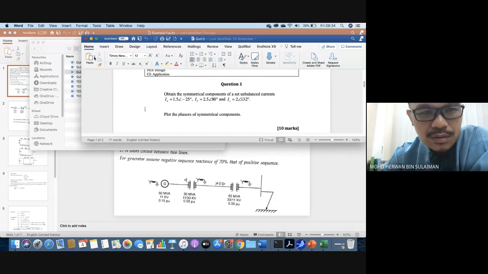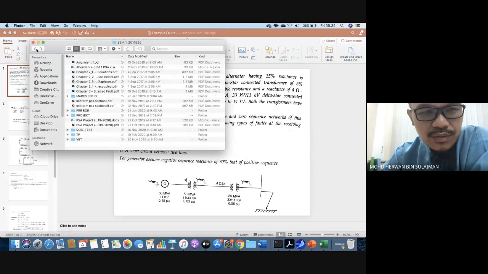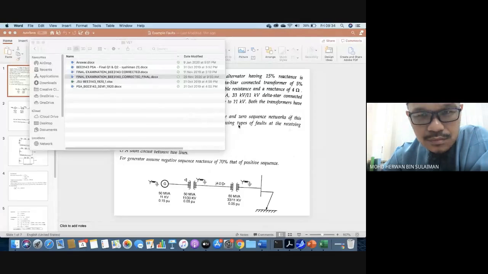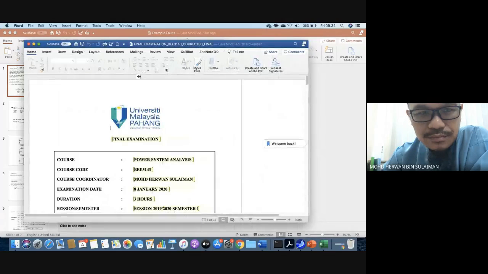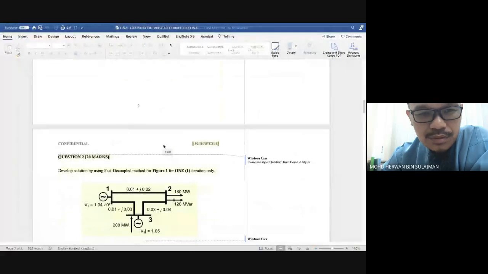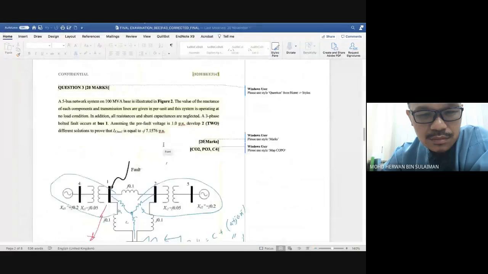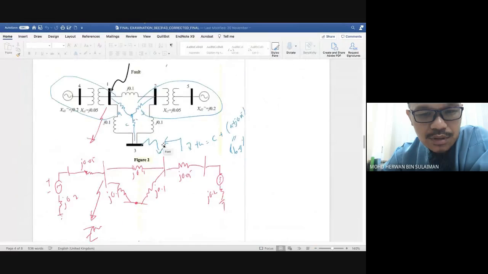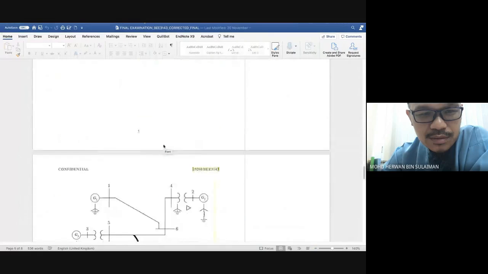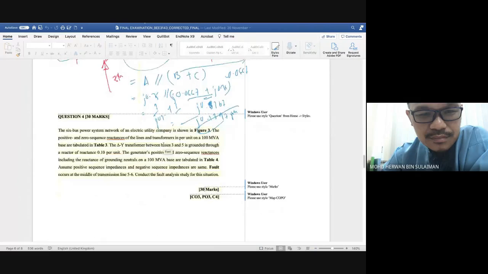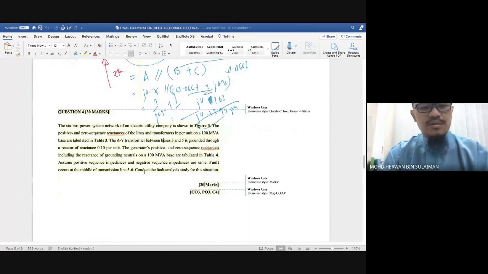Tengok soalan final lah kita. Let's take a look at the example of final. Soalan final. Ni last 2 semesters. Okay, let's take a look at this example. Kita dah discuss itu kan. Okay, tengok ni ya. Okay, so let's take a look at this example.